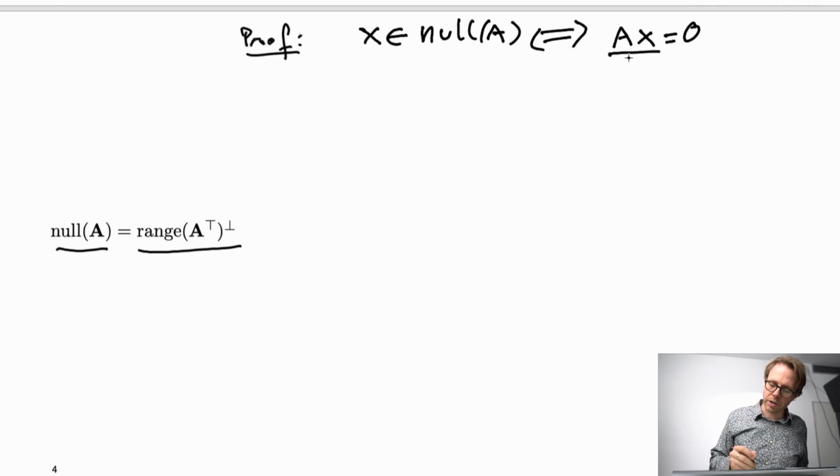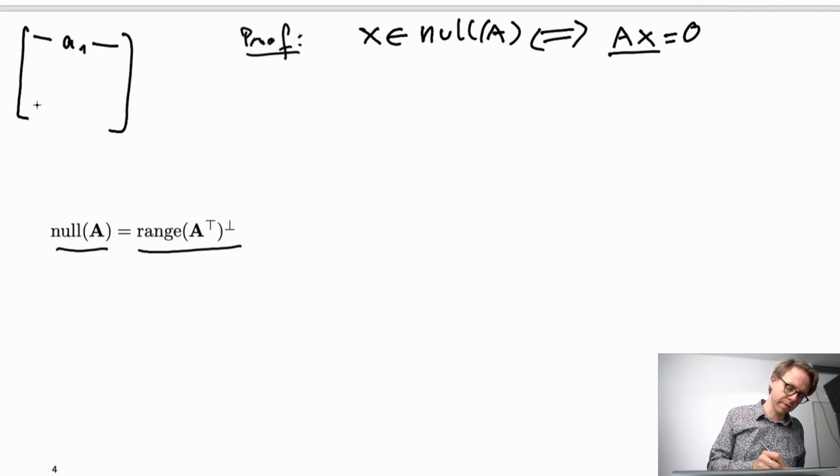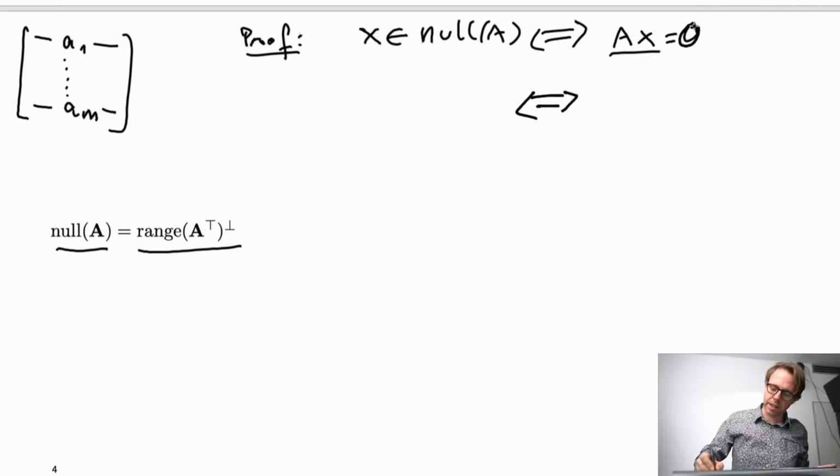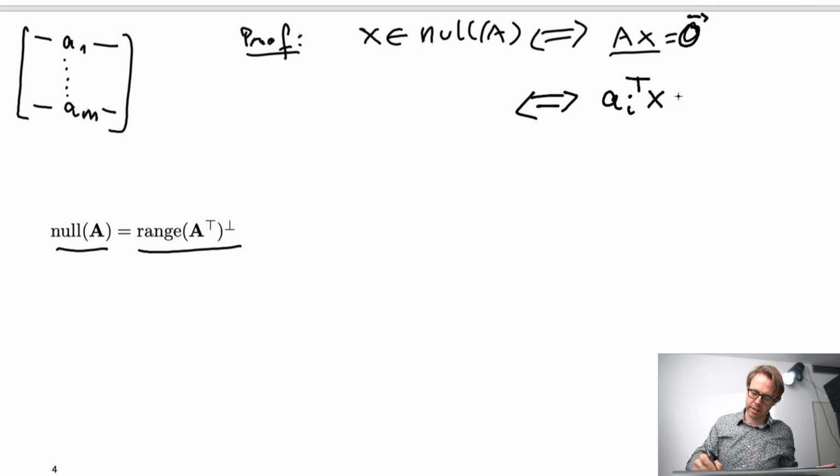Now, if we look at this sum and rewrite it using the rows of A, then this is equivalent to saying that every element of this null vector being 0 means that for every row a_i transpose x, we get a scalar 0 back.